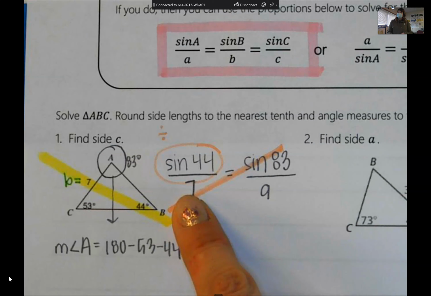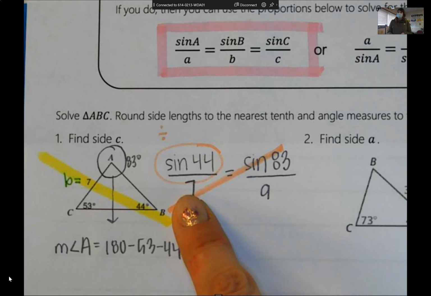So remember, this is that quick calculation. If we want to know the measure of angle A, we just do 180 minus 53 minus 44. So somebody plug that in. Tell me what it is. How many? 83. So this angle is 83.